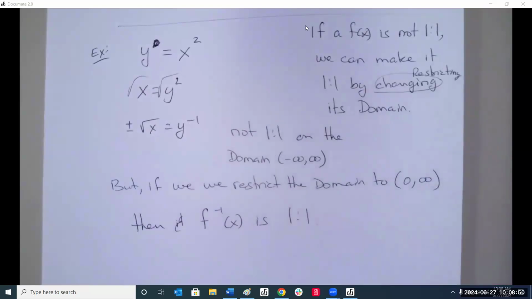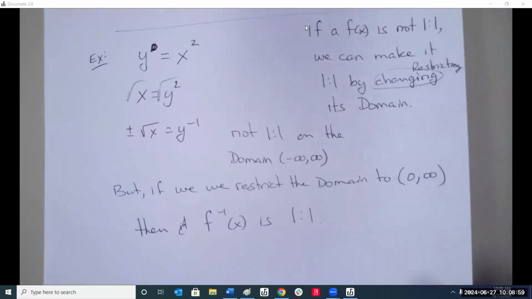So that's what the last part says. You can make it 1-to-1 by restricting the domain so it does work.